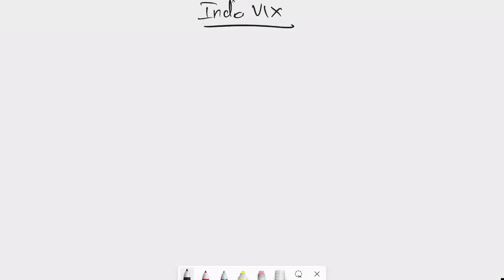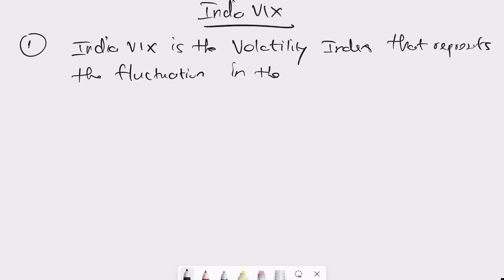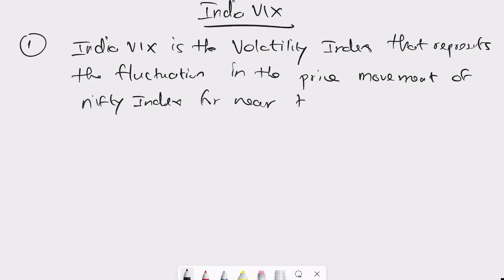Now, India VIX is the volatility index that represents the fluctuation in the price movements of Nifty index for near term.